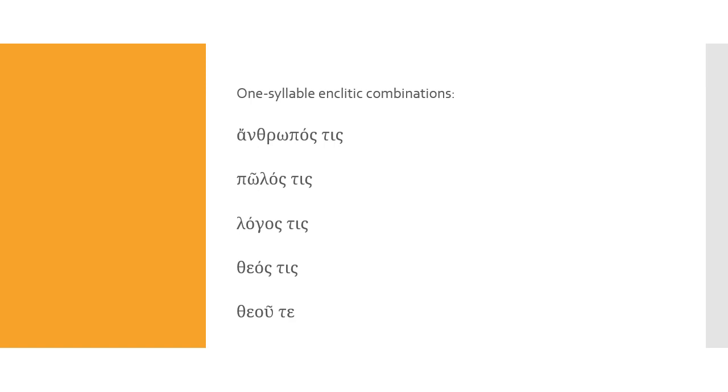What happens if you have a circumflex upon the ultima, followed by a 1-syllable enclitic? Nothing. So in only 2 situations where you have a single syllable enclitic, do you change anything. In both cases, you add an acute accent to the final syllable of the word. That's those first 2 cases, anthropos tis and polos tis.